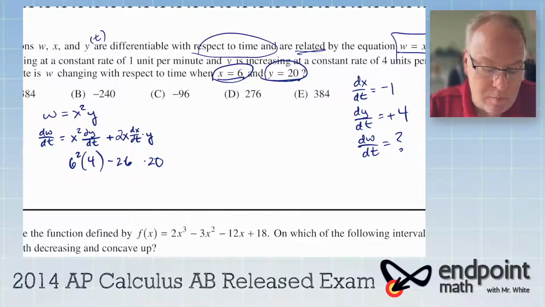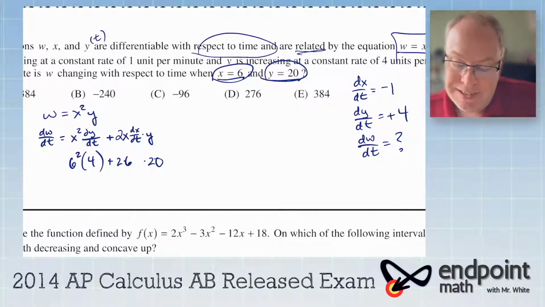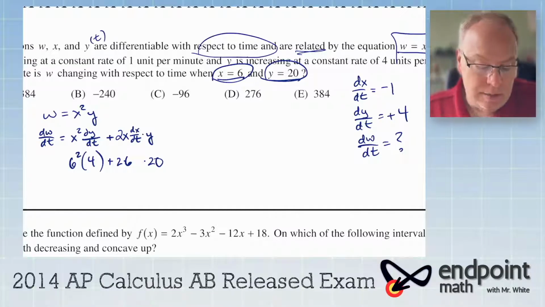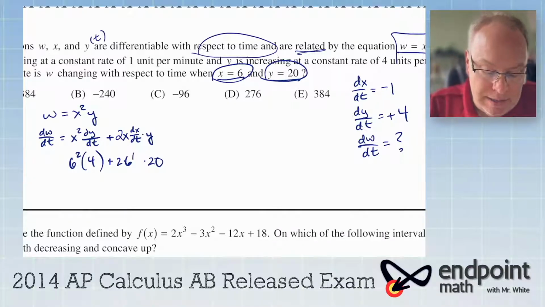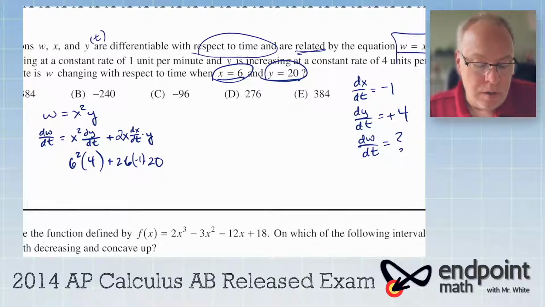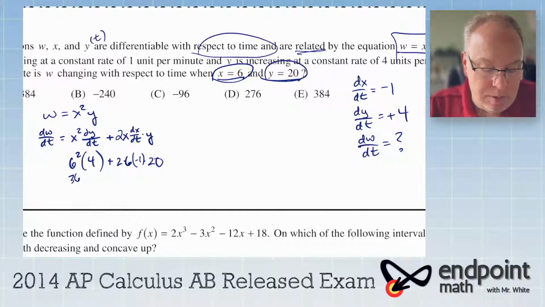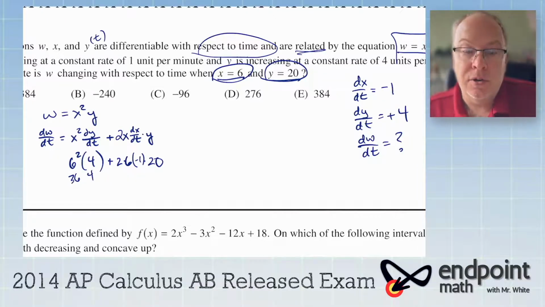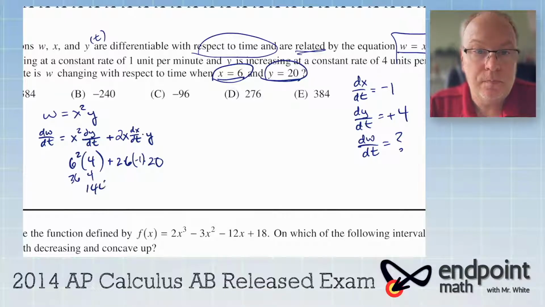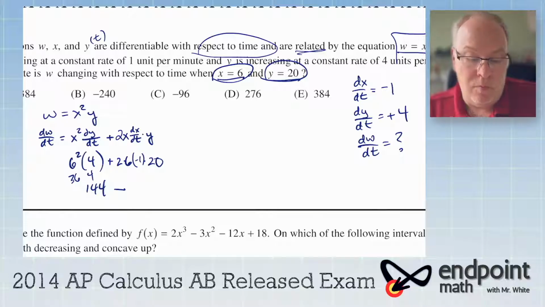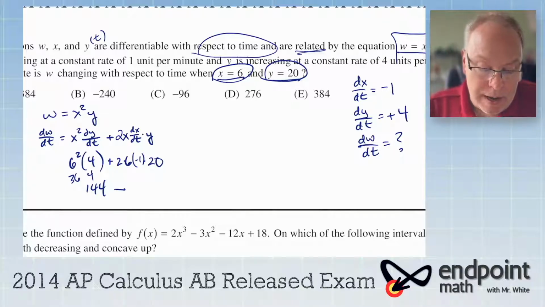I think I said -4, but it's +4, because it's increasing. So dy/dt is +4. dx/dt is -1. All right, so this is 36 times 4, which is 144. This is going to be minus because 2 times 6 times -1 is minus.